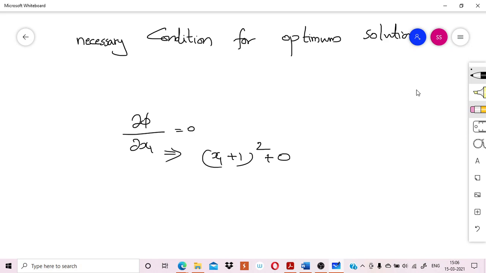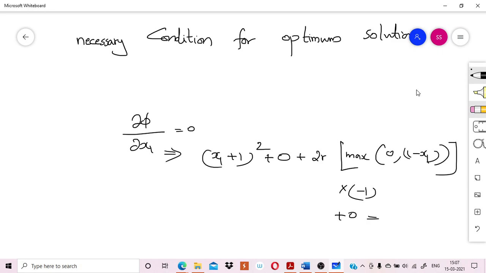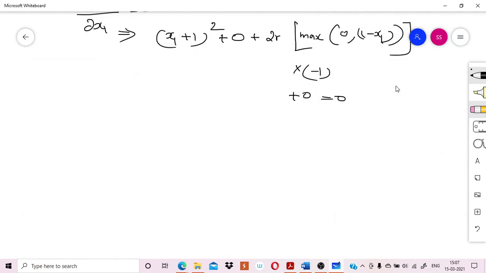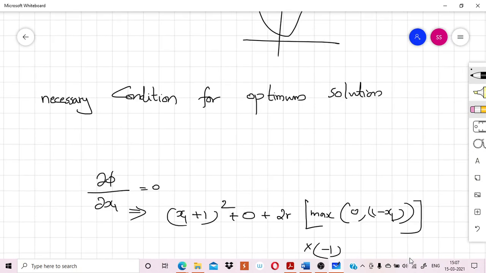So plus 2r into maximum, that maximum will not change, so maximum of 0 and 1 minus x1. You have to differentiate this 0 and 1 minus x1 with respect to x1, so 0 is 0, then 1 minus x1 gives you into minus 1, plus 0, again equal to 0. This is our equation 1.